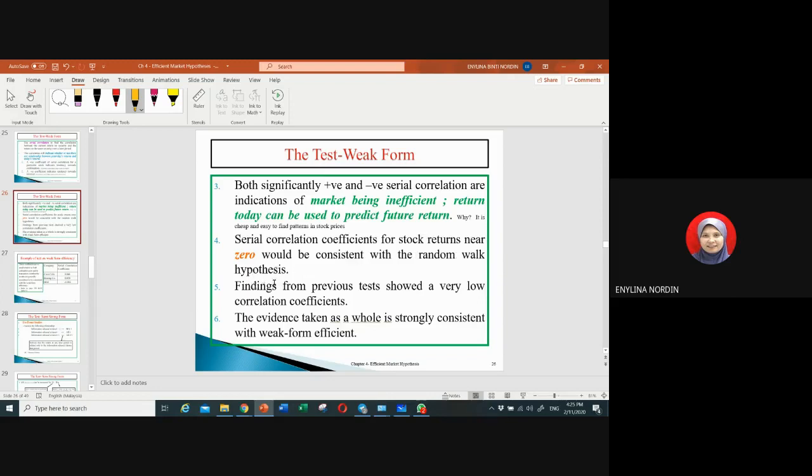The test shows a very low correlation coefficient, near zero. This evidence is consistent with weak form efficiency, where the stock price follows a random walk, in other words is unpredictable.